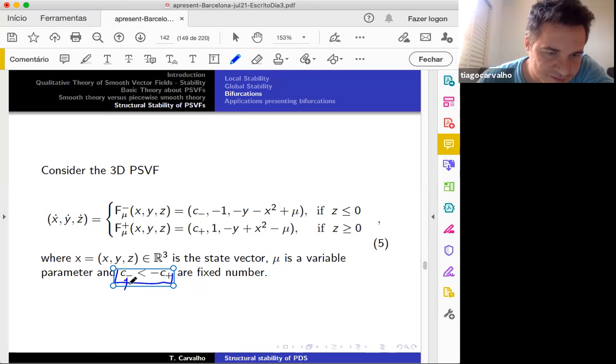These values c minus and c plus are constants, but there is a relation between them, and there is a variable parameter here, that is mu.